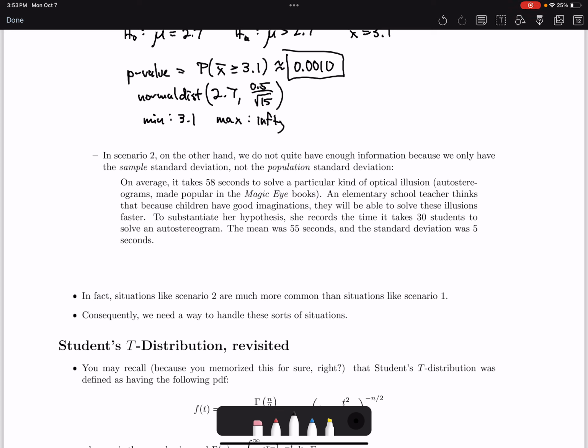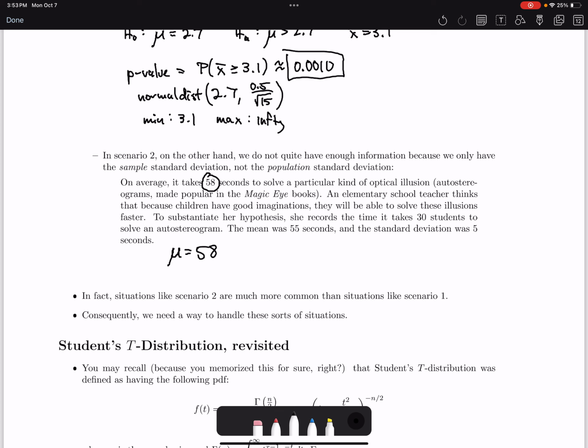It says on average it takes 58 seconds to solve a particular kind of optical illusion, an autostereogram. So that's our population mean right there. We know that our population mean is 58. An elementary school teacher thinks that because children have good imaginations, they'll be able to solve faster.